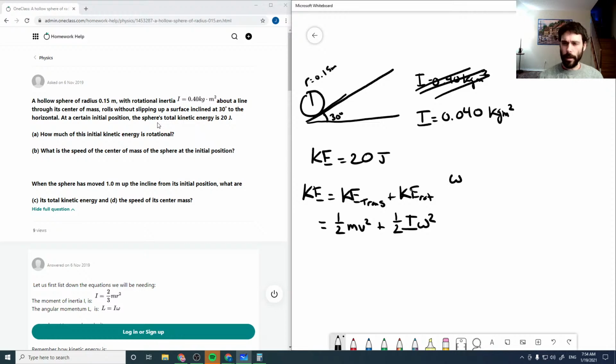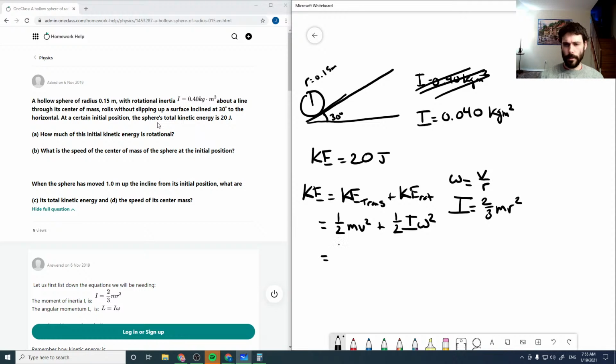We know that our omega is V over R. And we can look up that our moment of inertia for a hollow sphere is 2/3 mr squared.